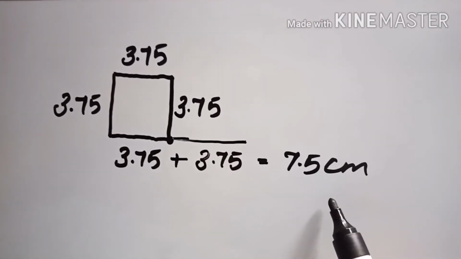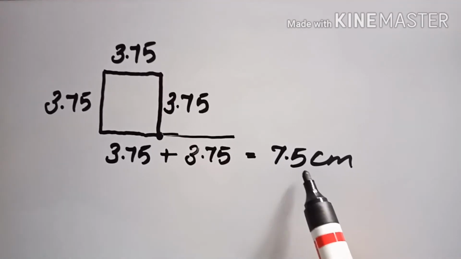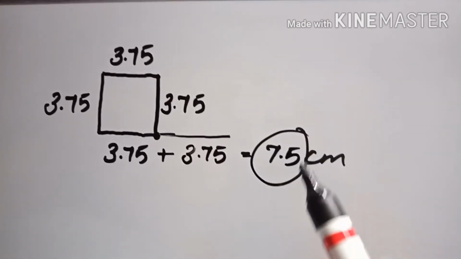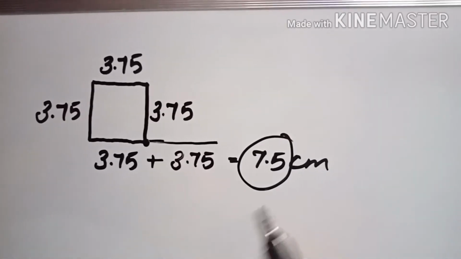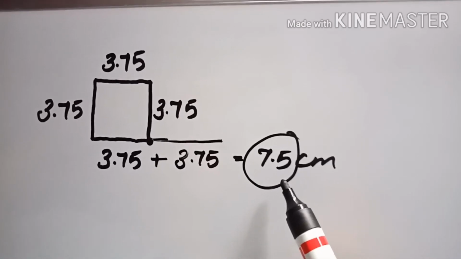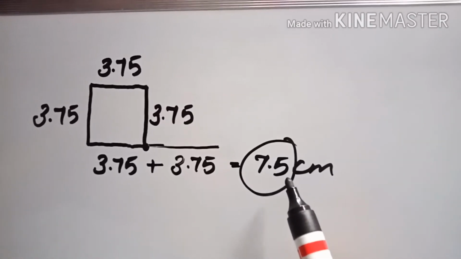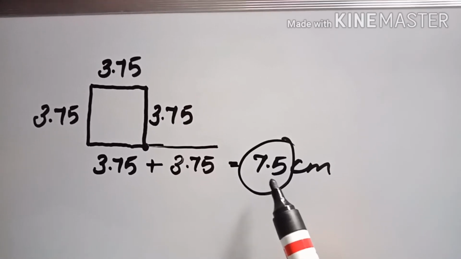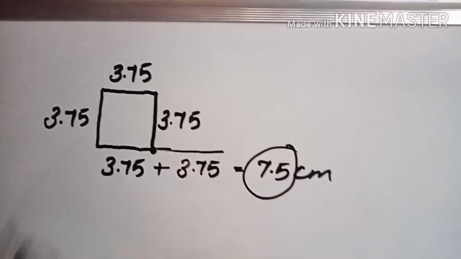So 7.5 centimeter we will get when we add these two. 7.5 centimeters, half is 3.75 centimeter. So in order to get 3.75, first of all we need a 7.5 centimeter long line. After drawing the perpendicular bisector of that 7.5, we will get 3.75. Using that we can draw the square.